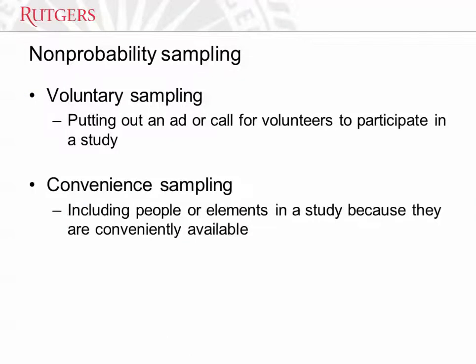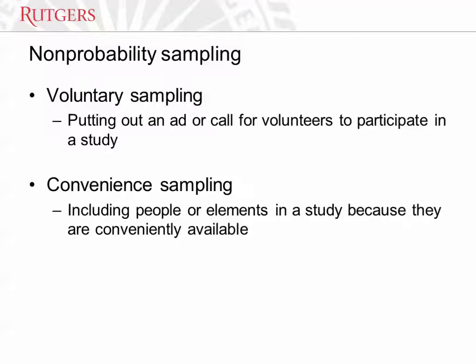Now I'd like to say a few words about non-probability sampling, because it's a form of sampling that is used a lot in many kinds of research, but it particularly brings out these questions of response bias, because it can be even more exaggerated in this kind of sampling. Two broad forms of non-probability sampling are voluntary sampling, which is just calling for volunteers or putting out an ad for volunteers to participate in a study.